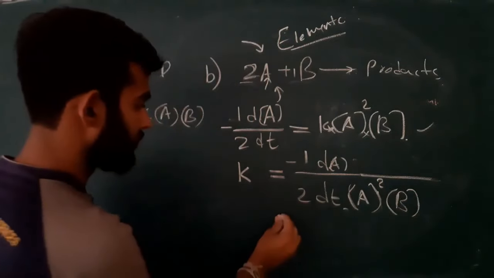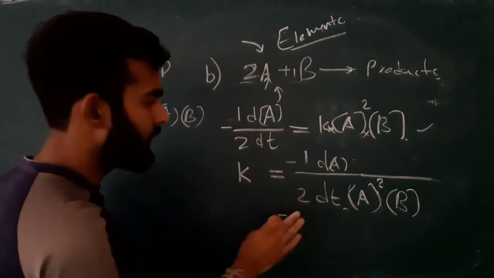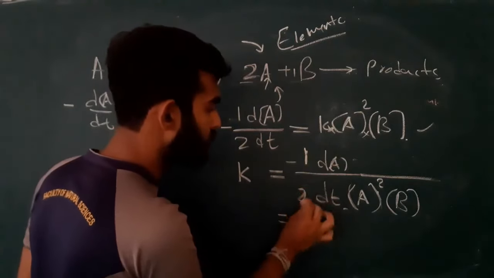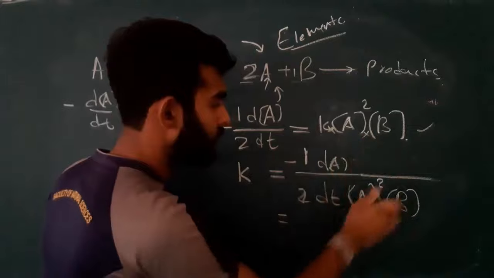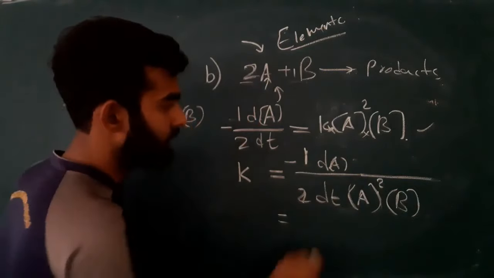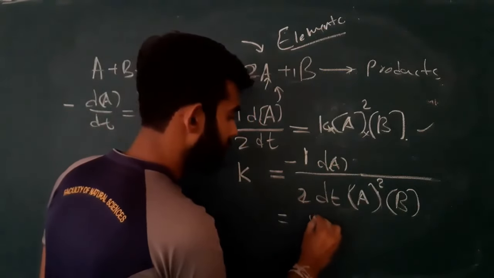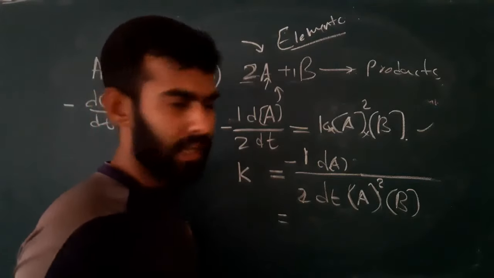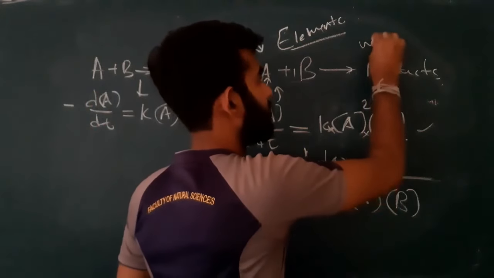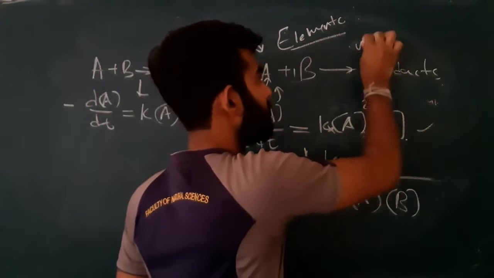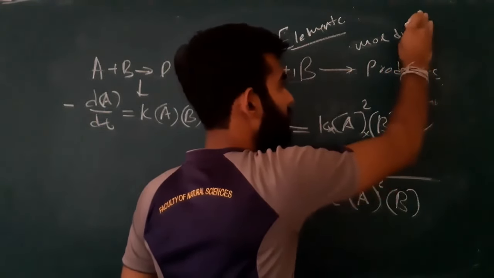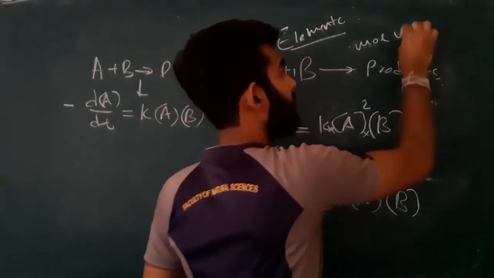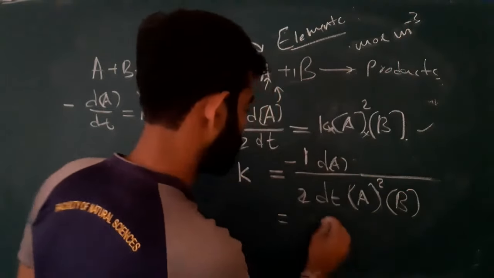Now just forget these numerical values 1 and 2 and these negative signs. We have to apply the units of these terms. Here the concentration term, we know concentration will normally be moles per cubic decimeter, but here we will consider SI units, cubic meters.